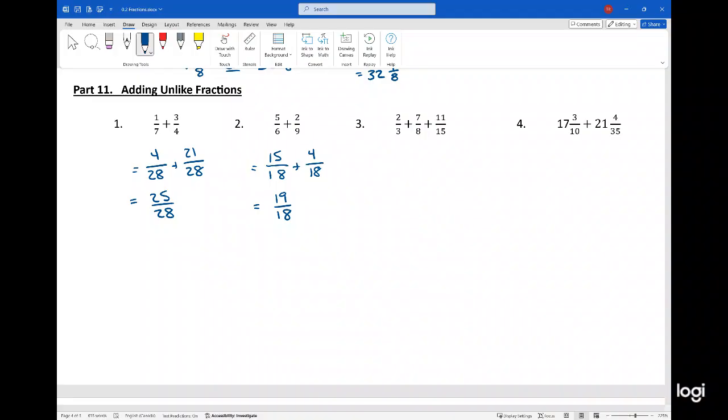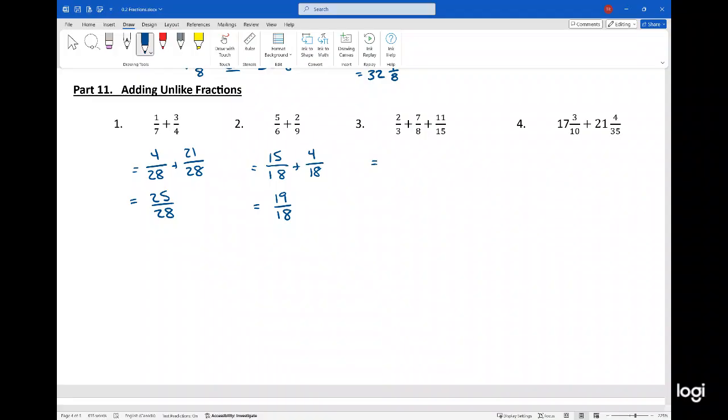Now this one's a little bit nastier, question 3. We have a 3, an 8, and a 15, so we'd like the smallest number that's divisible by all three of those. 3 times 8 times 15 would work, but that's 360. I think we can do better than that. So I think what I'm going to try is listing multiples of 15 to see if any of them is a multiple of 3 and 8.